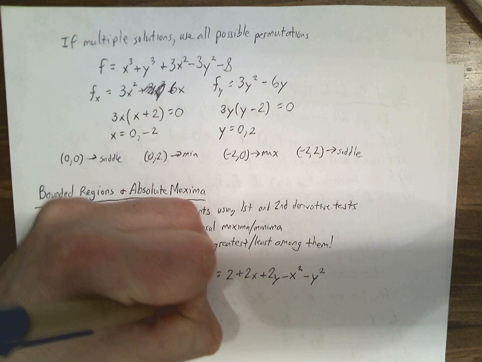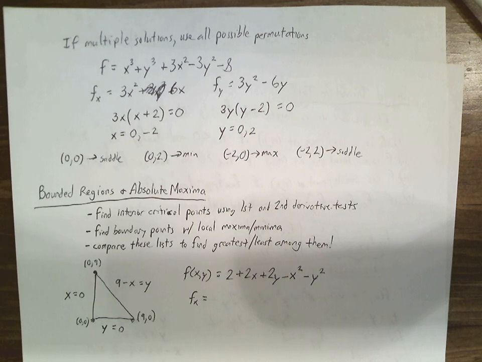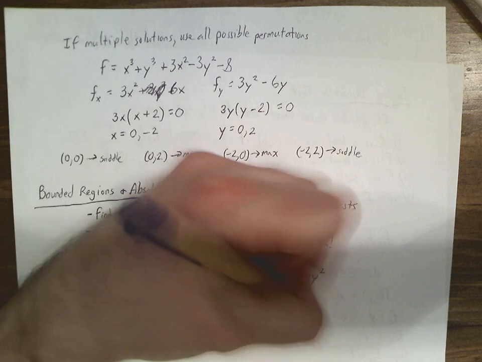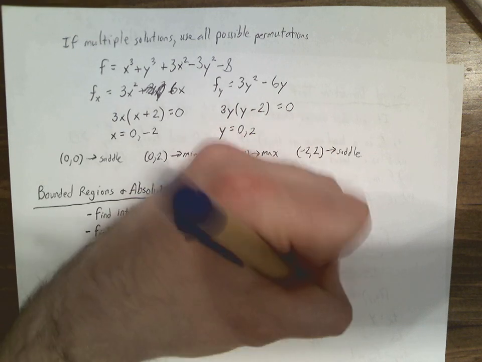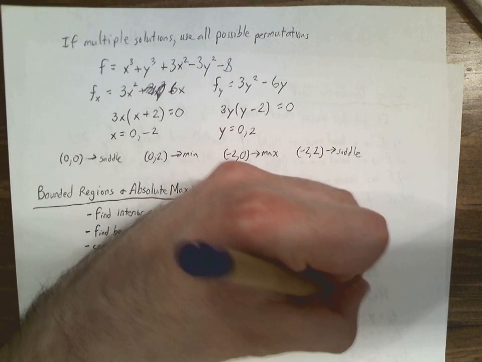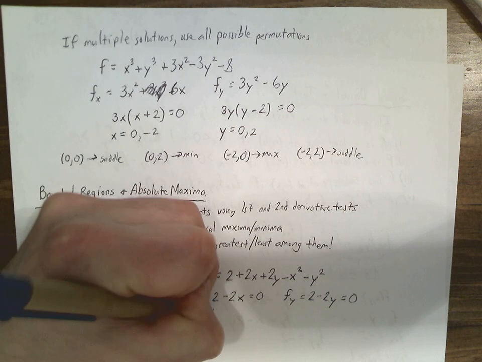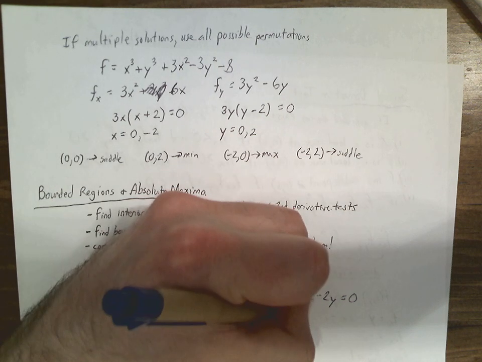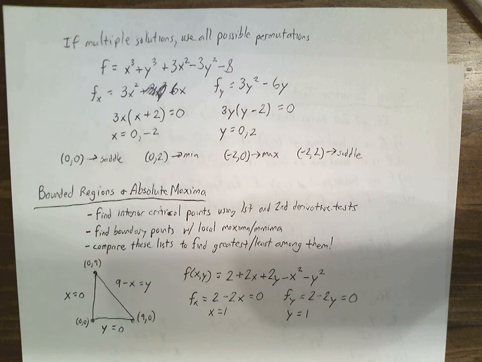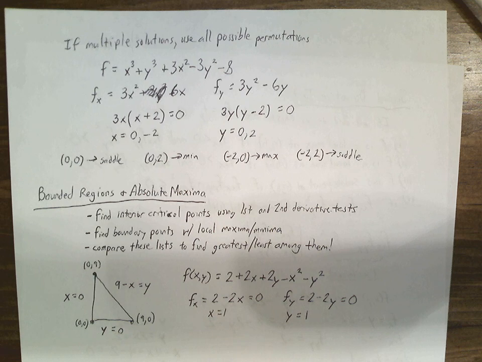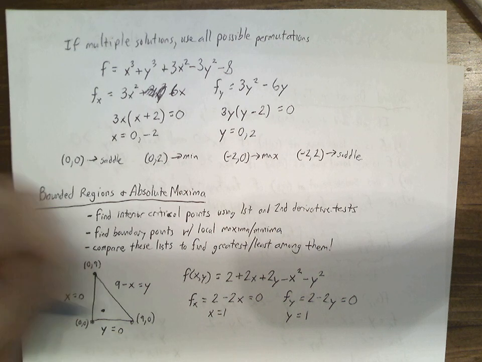We're going to look at our first derivative. With respect to x, we get 2 minus 2x equals 0. And with respect to y, we get 2 minus 2y equals 0. If we solve these, we get x equals 1 and y equals 1.